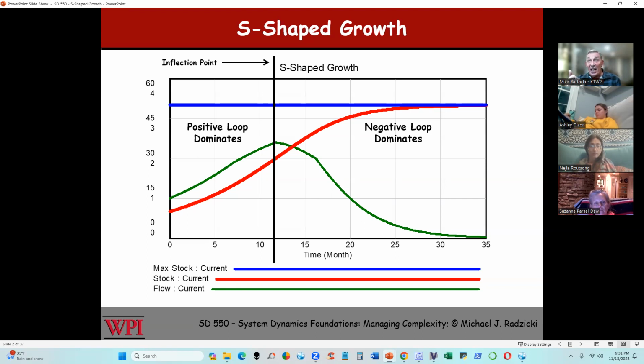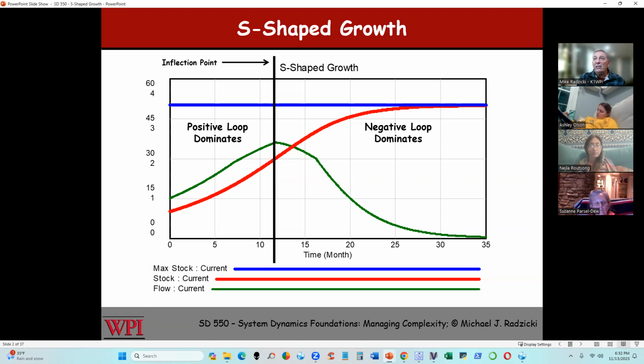And when you see that, that's your reference mode. Then you're going to look for certain things. You have clues as to what you want to include in your model. How you include them is a function of the domain. What are we modeling here? But the sorts of things you're going to look for are, number one, a positive feedback loop. There might be several, but there has to be one dominant positive feedback process that is controlling the behavior of the system at the beginning, and it's generating exponential growth.